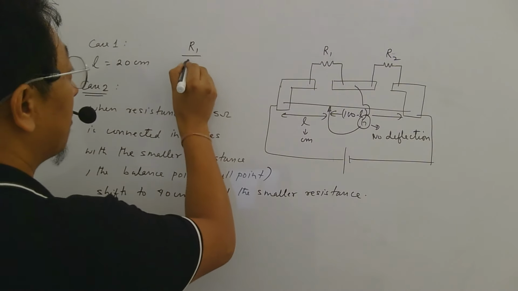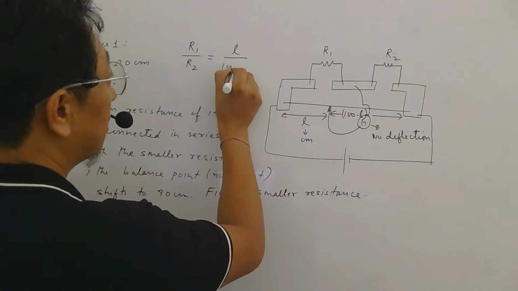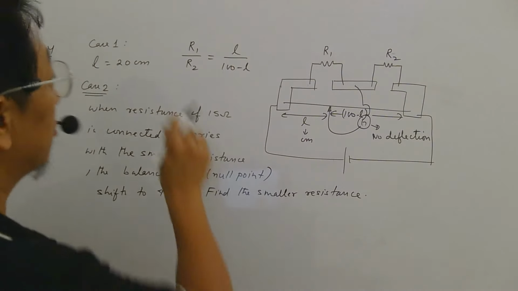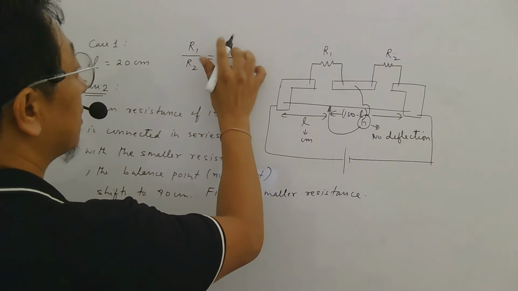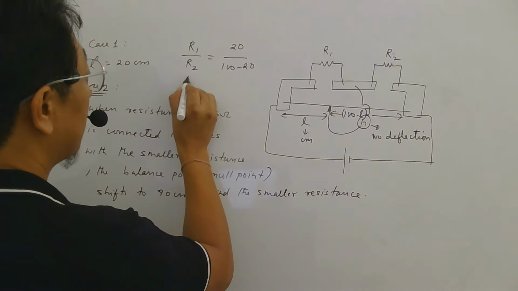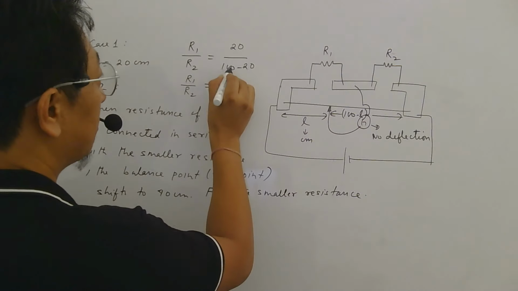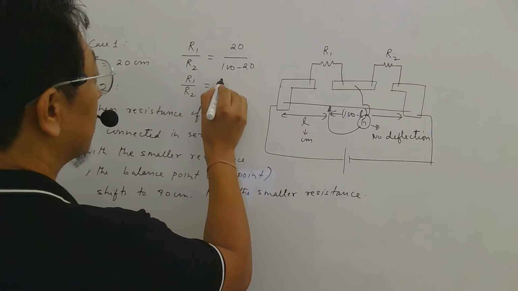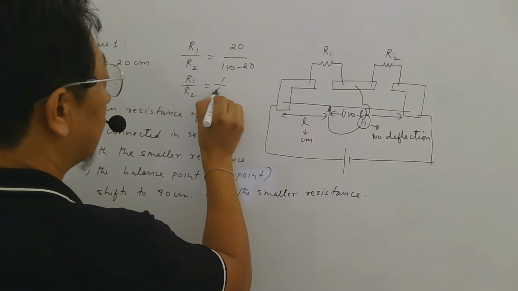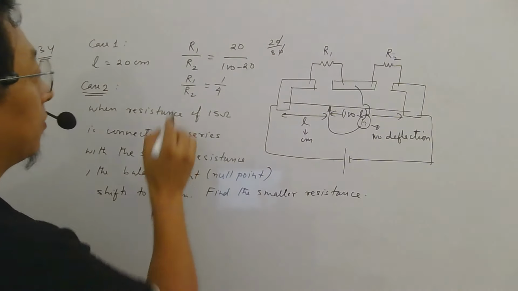Resistance on left gap by resistance on right gap is L by 100 minus L. Here length is given 20 centimeters, so we will get R1 by R2 equals 20 by 80, which is 1 by 4.